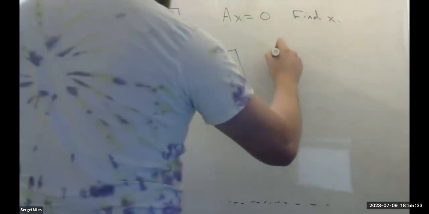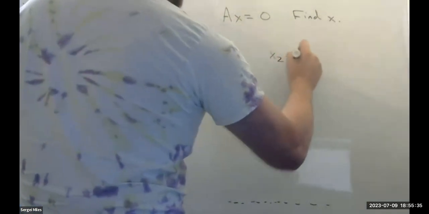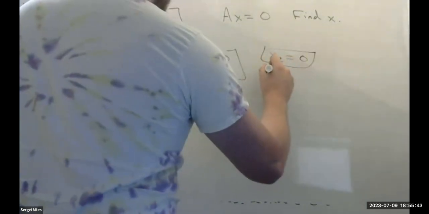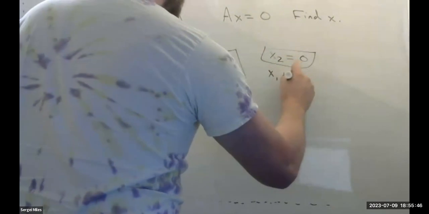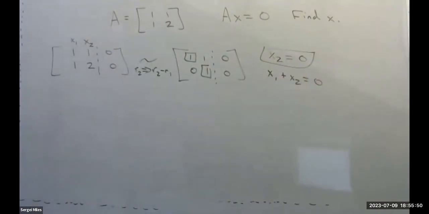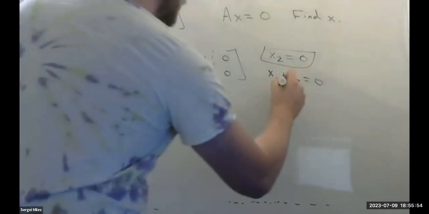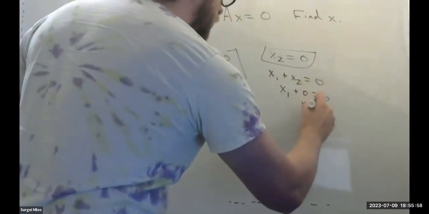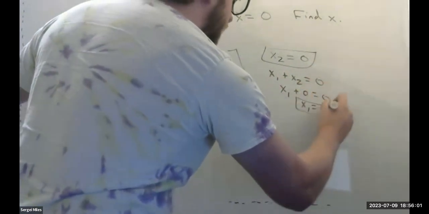This says x2 must equal 0 in order to have a solution. Okay, what does the first row say? The first row says x1 plus x2 equals 0. Well, we already know from row 2 that x2 has to be 0, which is then going to tell us that x1 also equals 0.